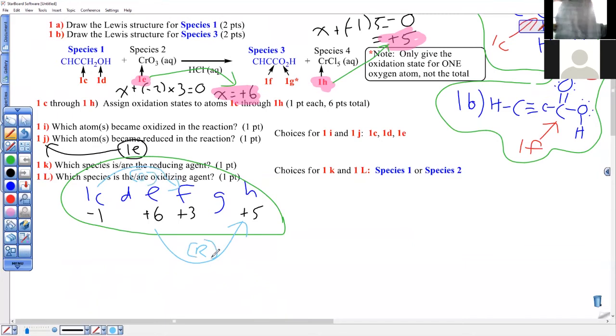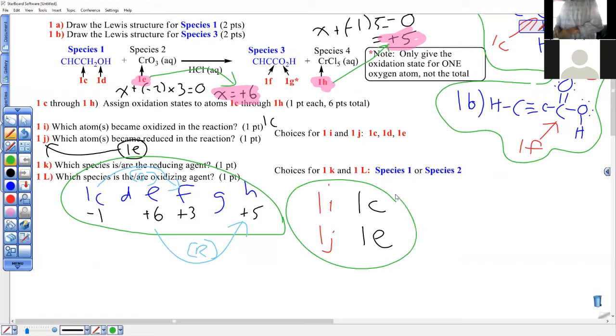So the atom that became oxidized was atom 1C. So my answers to 1I and J: I was 1C and J was 1E. These are on my answer page. I'm putting them in green circle.